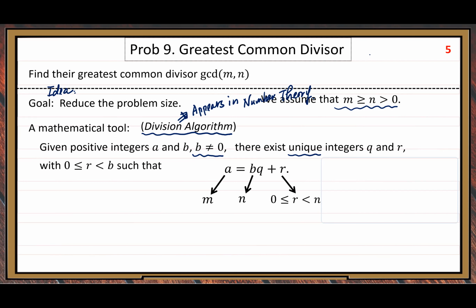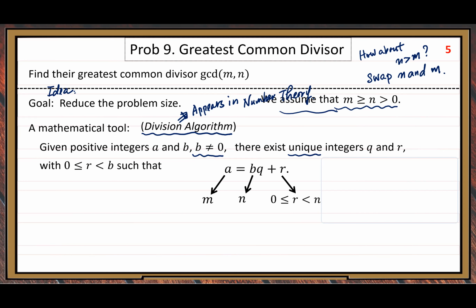You may ask, what if we are given arbitrary two integers and N is greater than M? We just swap. If that happens, we swap N and M. Then our first integer will be greater than or equal to the second integer.